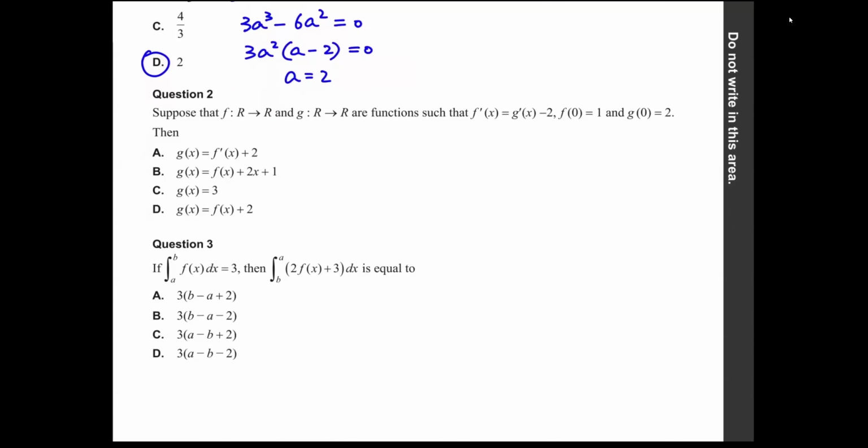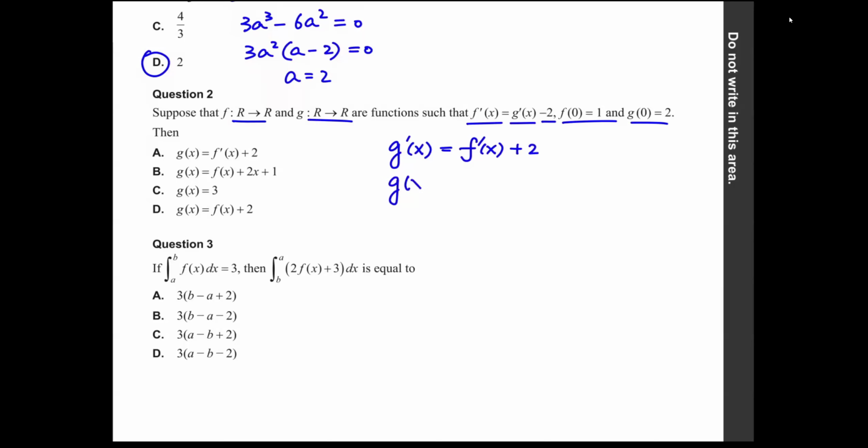Question 2. f and g are functions such that f dash equals g dash minus 2. You have these two conditions. I think it's actually a modified Cambridge textbook question. Anyway, I just rearrange this equation to get g dash x equals f dash x plus 2.